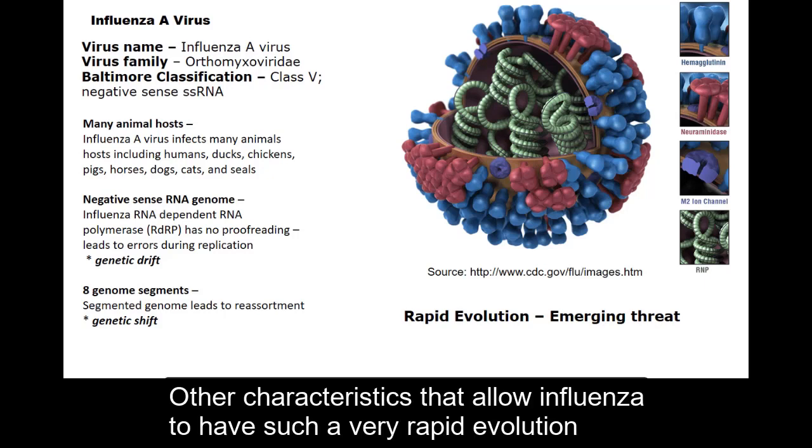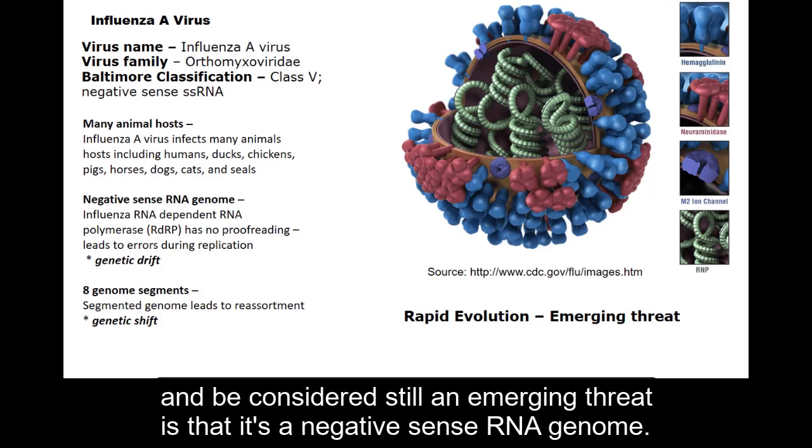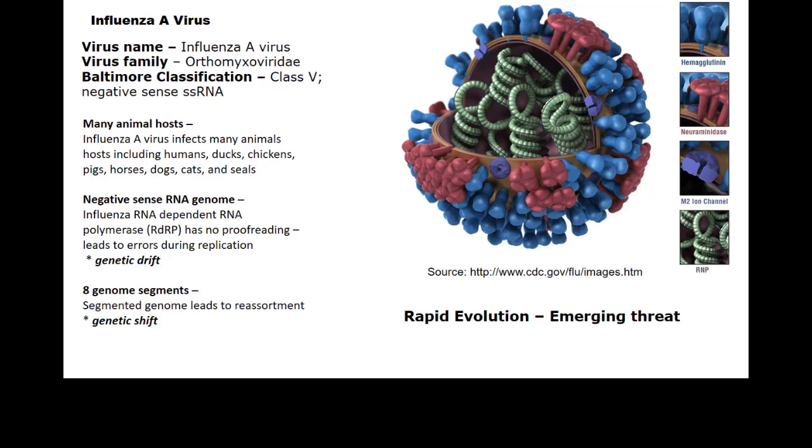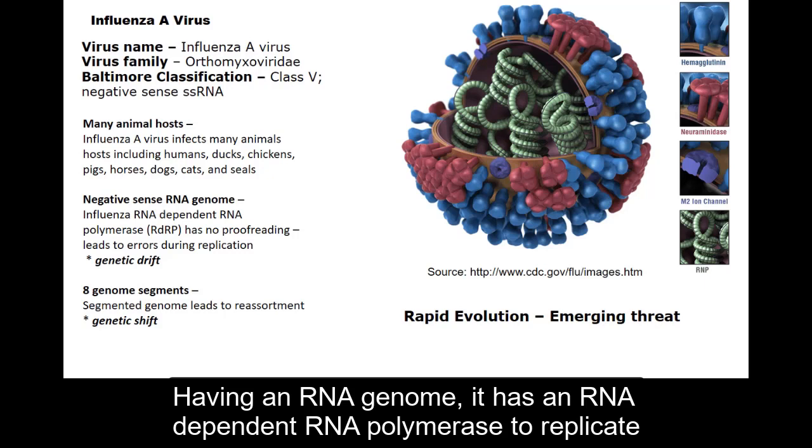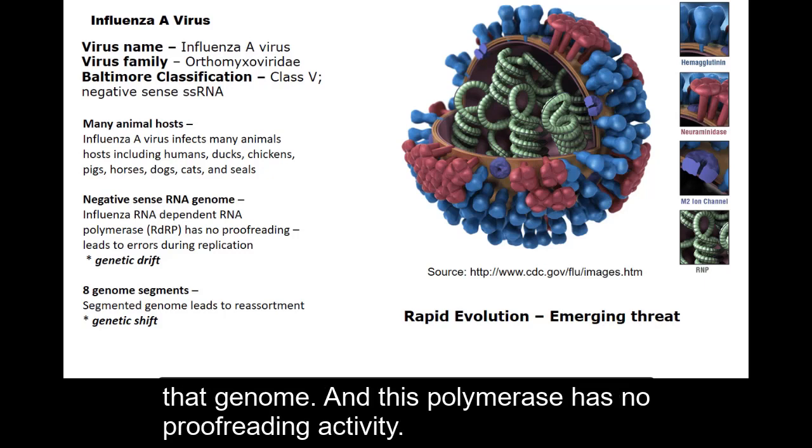Other characteristics that allow influenza to evolve so rapidly and still be considered an emerging threat are that it has a negative sense RNA genome. Having an RNA genome, it has an RNA-dependent RNA polymerase to replicate that genome, and this polymerase has no proofreading activity.